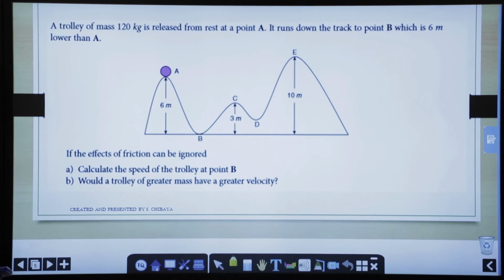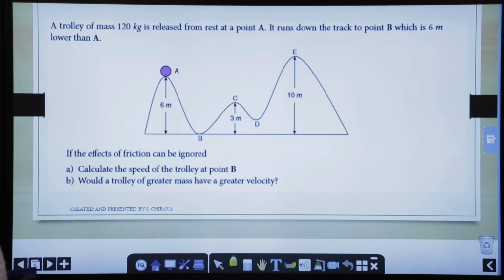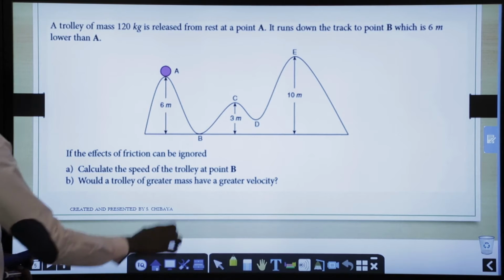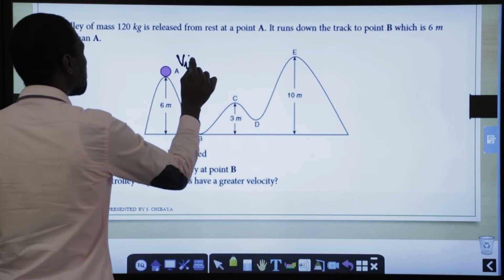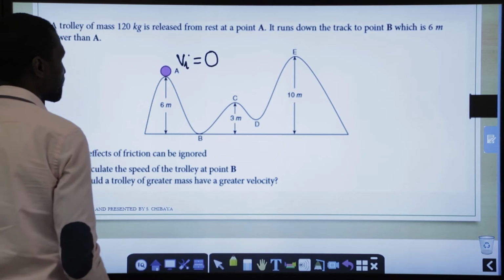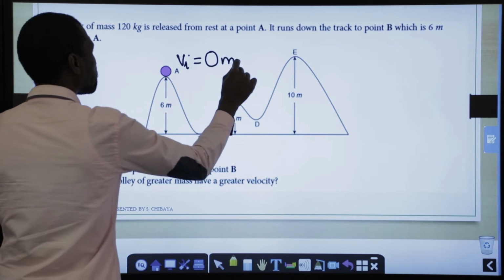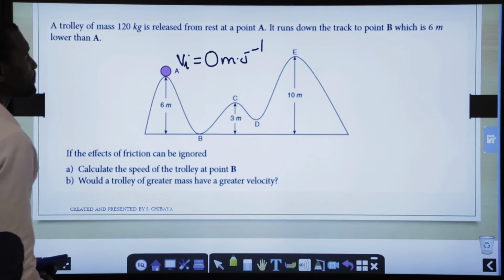Look at question number 2 here, which is a trolley of mass 120 kg is released from rest. Now mark released from rest, which means V initial is equal to 0 meters per second, right?